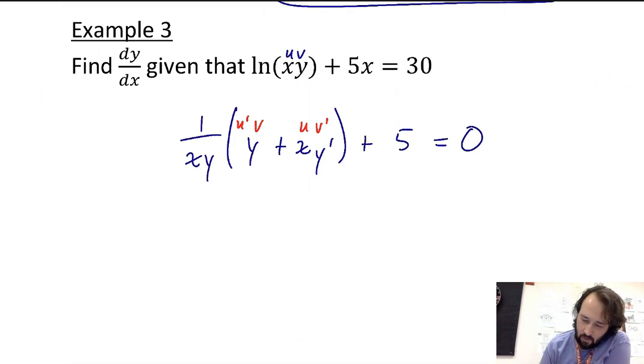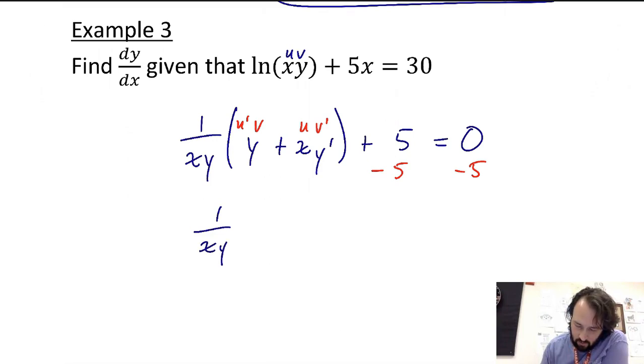All right, so now I just need to move things around carefully. So I'm going to subtract 5, and then we will need to multiply by that xy. So 1 over xy, y plus xy prime equals negative 5.